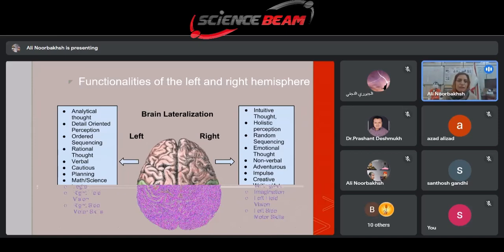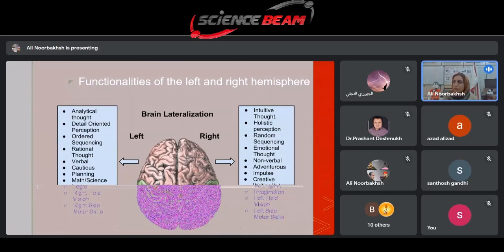Function of the left and right hemispheres. We can see in the left hemisphere: analytic, through detail, orient, order, sequencing, verbal, caution, planning, math, or science.